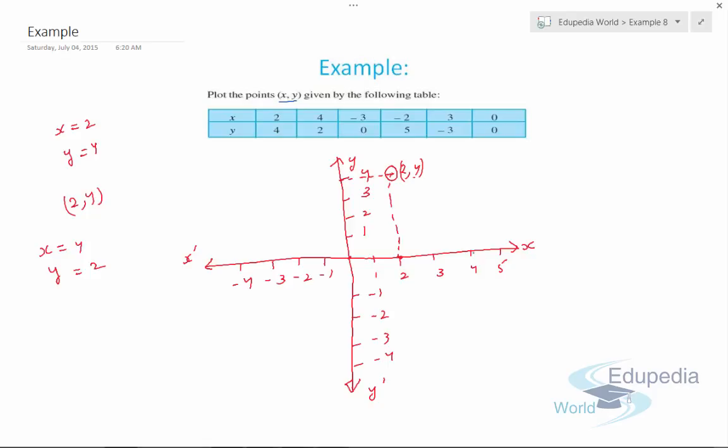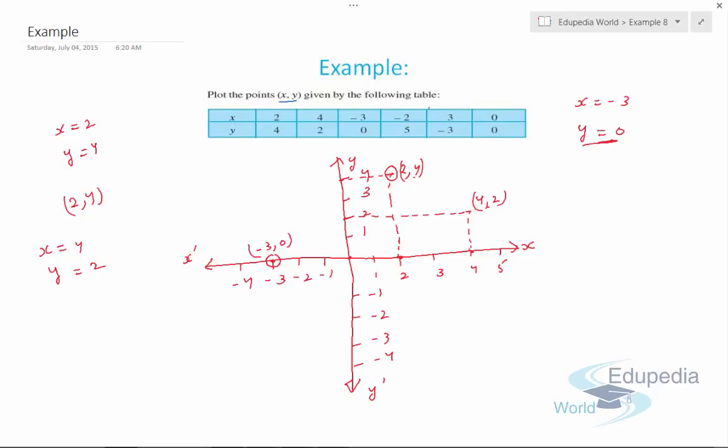So x is 4, this is the point, and y is 2, this is the point. So we can draw a dotted line like this. So the point will be 4 and 2. Now the third point is x is -3 and y is 0. So clearly the ordinate part is 0, so the point lies on the x-axis. So this is the point -3 and 0.